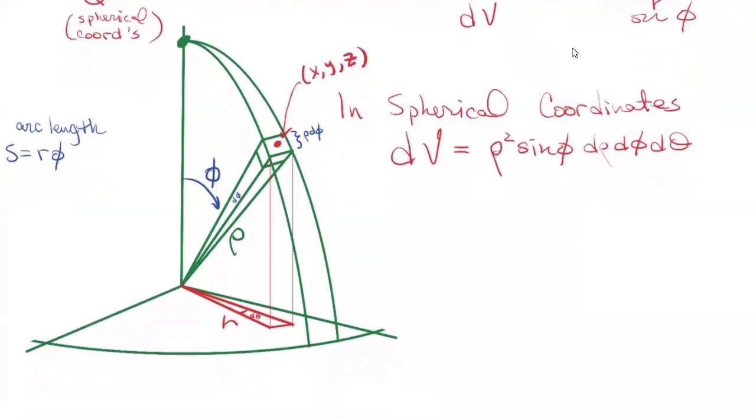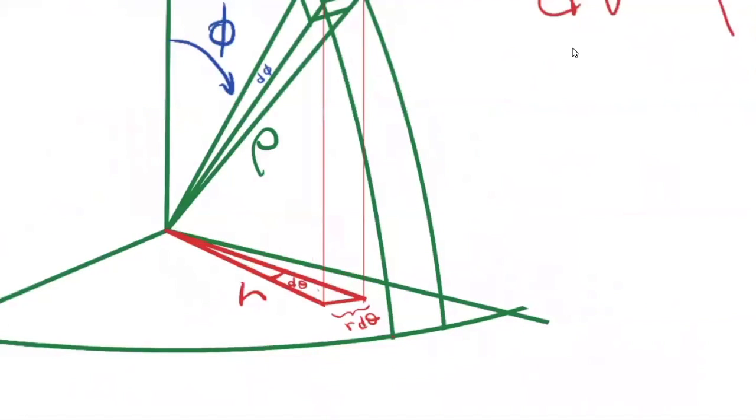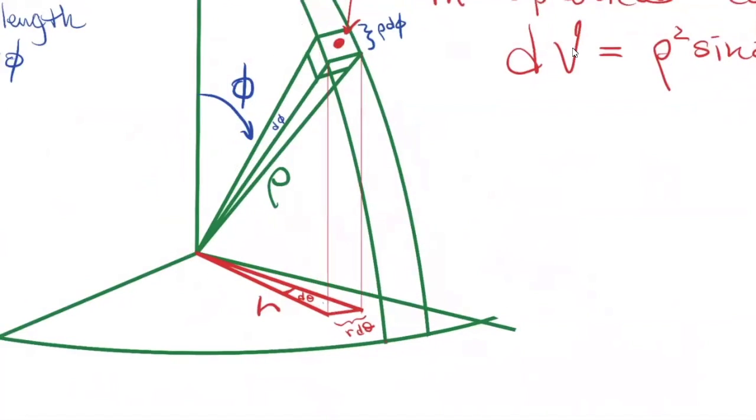Okay, so zooming back in on here, I wanted to make sure I got this label right. It's this arc here that's R d theta. Right. Okay, and this is a right triangle, so I guess I could put a right angle symbol here.